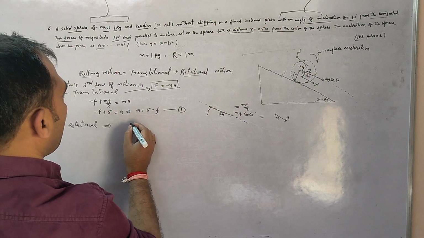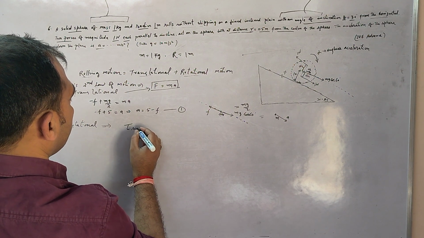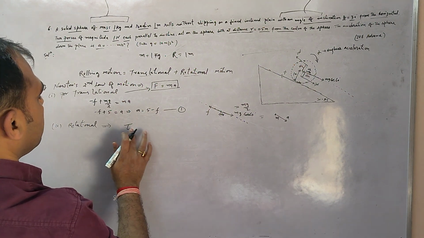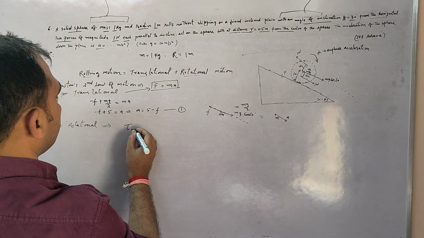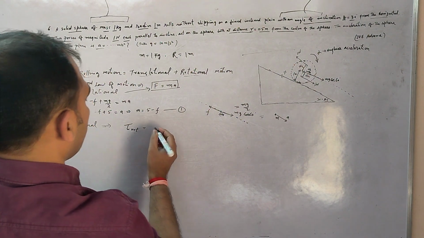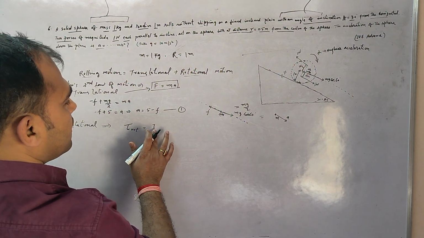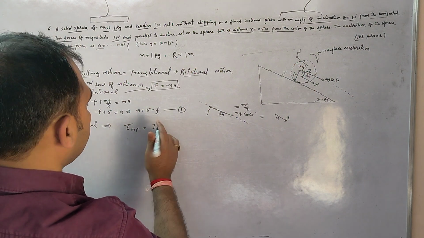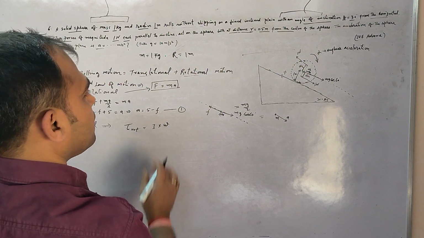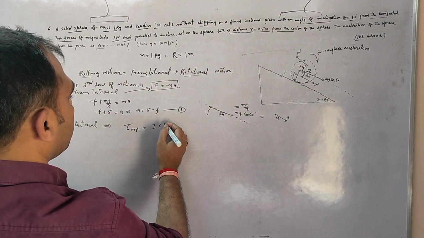So the resultant torque, tau net, will be equal to I, that is moment of inertia, into alpha.